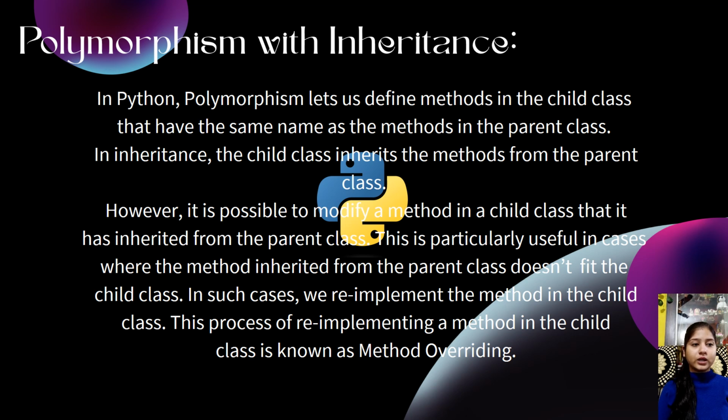This is particularly useful in cases where the method inherited from the parent class doesn't fit the child class. In such cases, we re-implement the method in the child class. This process of re-implementing a method in a child class is known as method overriding.